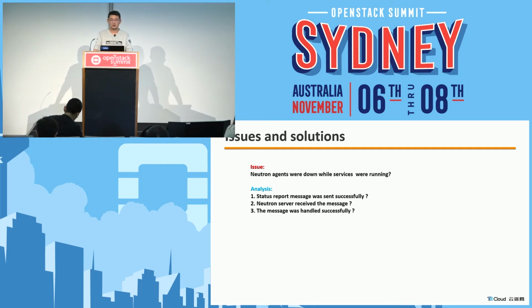We know neutron agents report their status periodically to neutron server via message queue. If neutron server receives the report, it will compare the report time with the last one. If the time difference is not bigger than default value, then the agent will be marked as up.